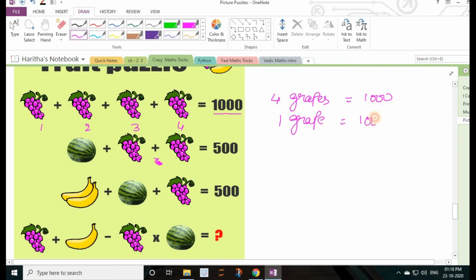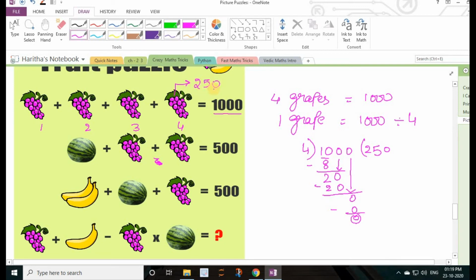Simple division, 1000 divided by 4. Now we will divide. So 4 table 10, 4 2s are 8, 10 minus 8 is 2 and 0 will come down. 4 5s are 20, and then the next 0 will come down. 4 zeros are 0. So the value of 1 grape will be 250.